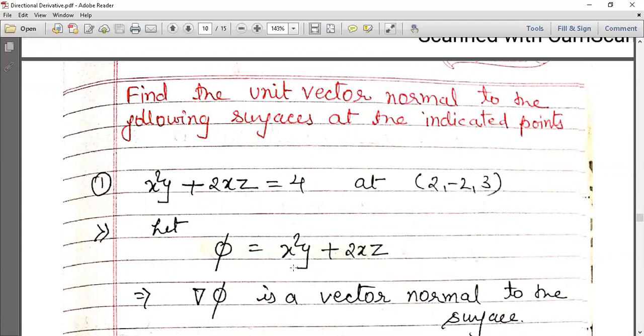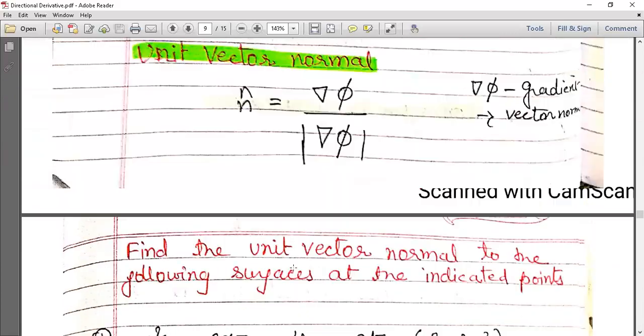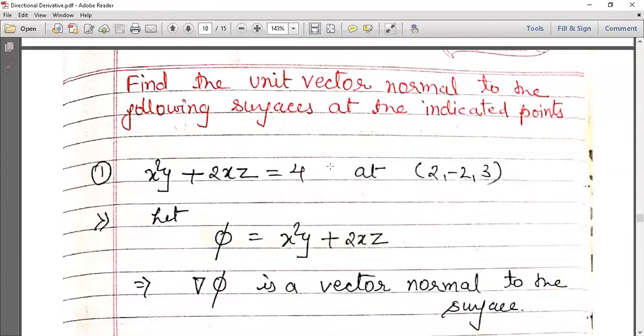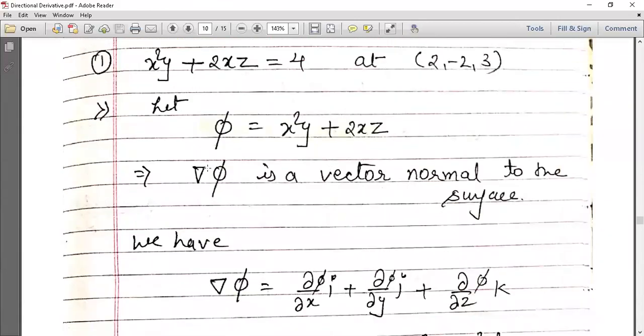Since the formula is n cap equals del phi by the magnitude of del phi, first we need to find del phi, the vector normal to the surface. We know that del phi is dou by dou x of phi i, dou by dou y of phi j, dou by dou z of phi k.